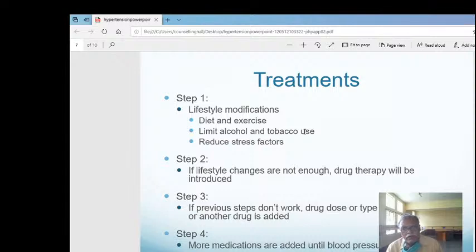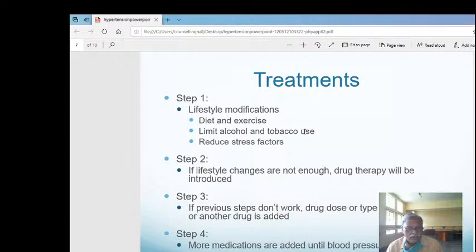Limit alcohol and tobacco use. If you use more alcohol over a long time, it can develop hypertension. But if you limit alcohol, it's always helpful to control the hypertension.